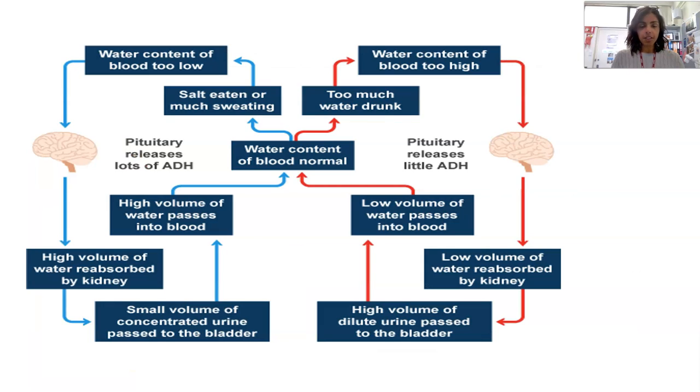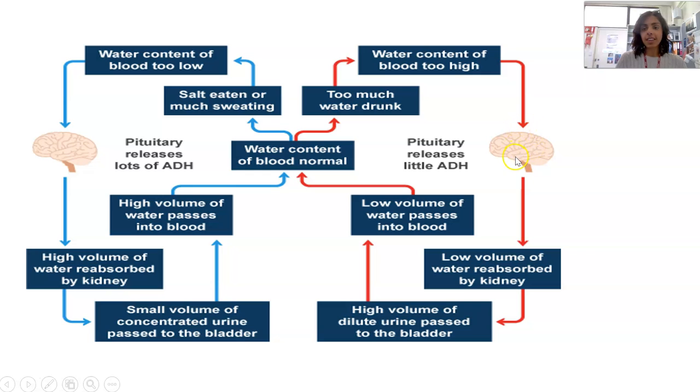This diagram just summarizes what's going on in both situations. So if we start in the middle here, we are at our set point. The water content of the blood is normal, so we are exactly at balance. On the red side, we're saying that we've drunk too much water. So therefore, the blood water concentration is too high.